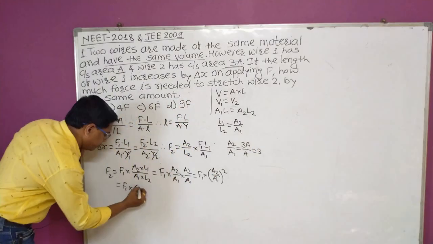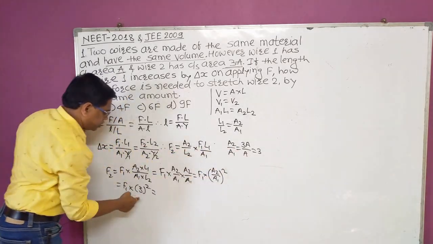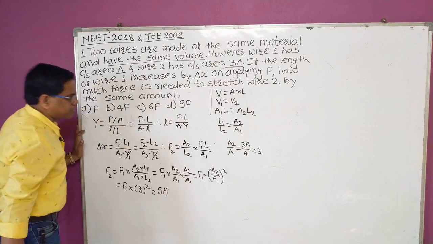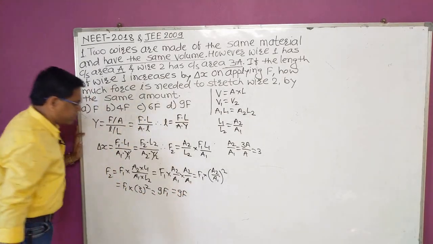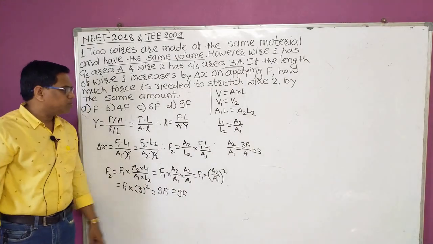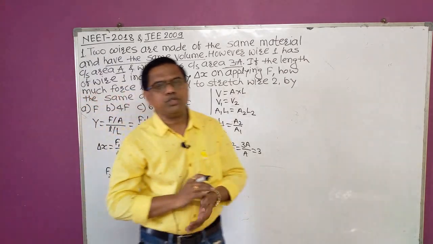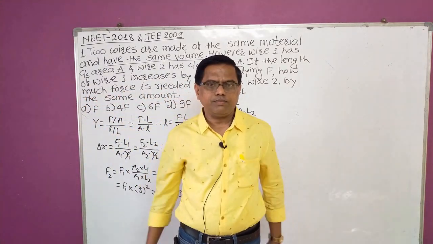So F into 3 square. A2 by A1 comes to be 3, so its square. So this is equal to 9 into F1, but F1 is F. So the force on the second wire should be equal to 9F, which is our option D. Hence, the answer to this MCQ is option D, 9F.